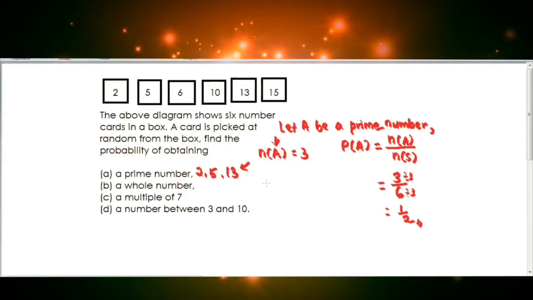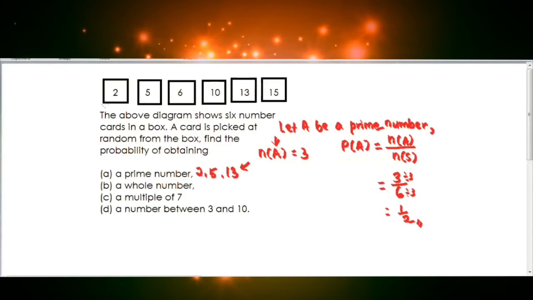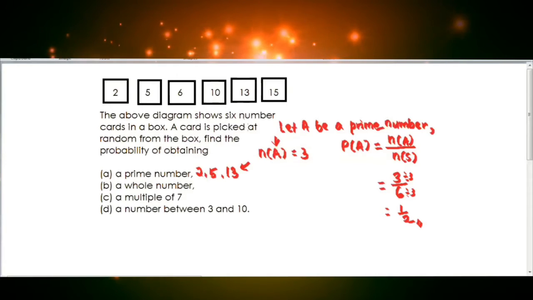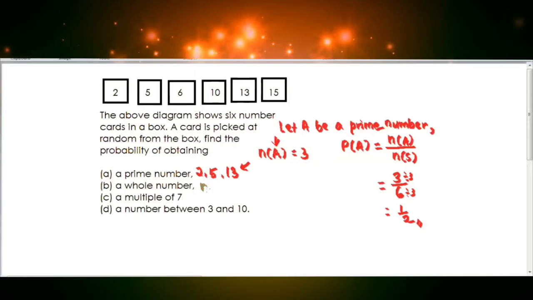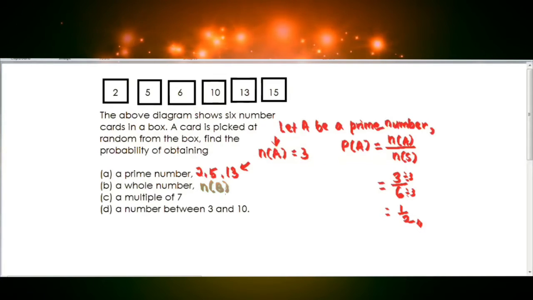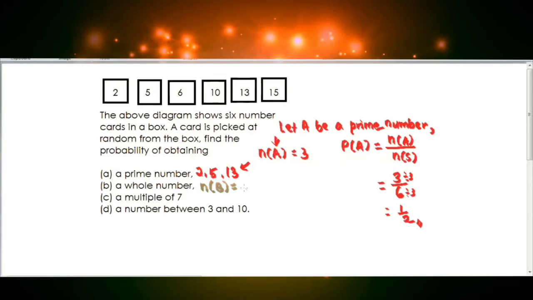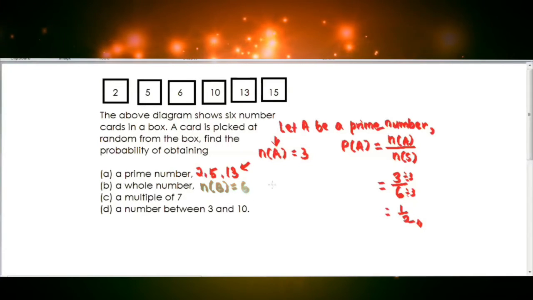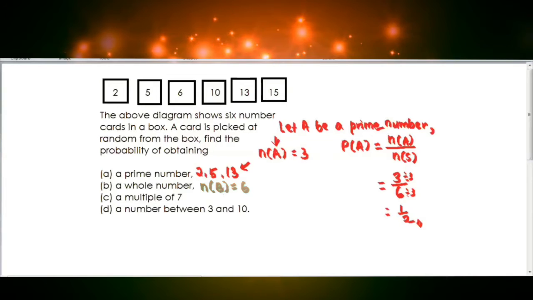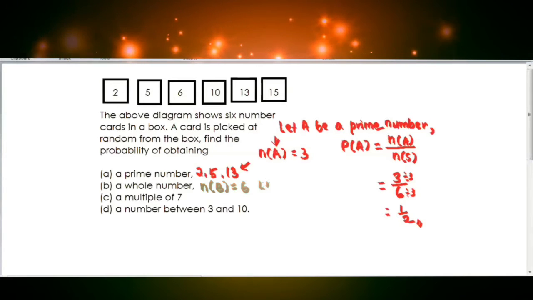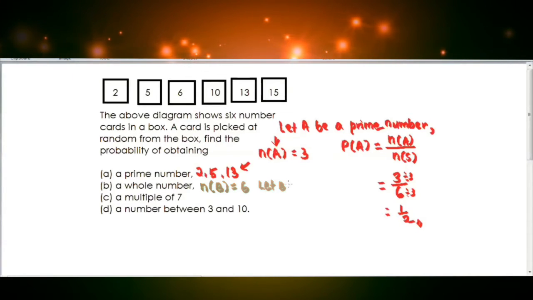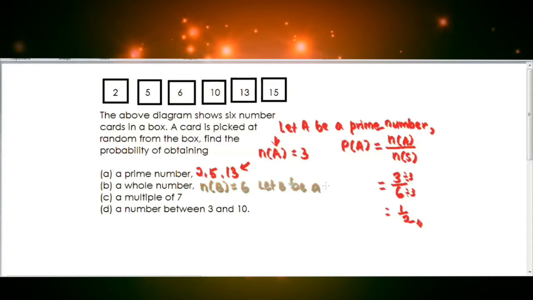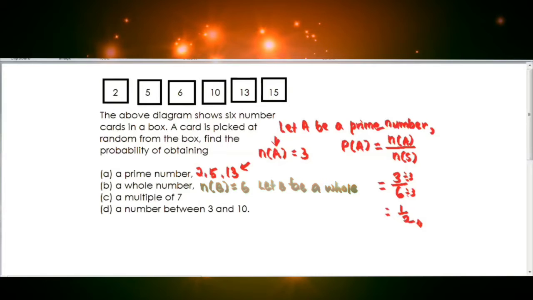As we know, the numbers from the box are whole numbers. So my number of events, 1, 2, 3, all are whole numbers, so I just directly put 6. Remember to explain what B stands for. Let B be a whole number.